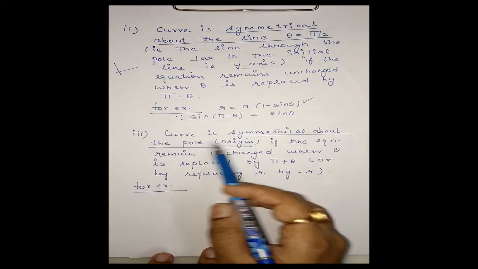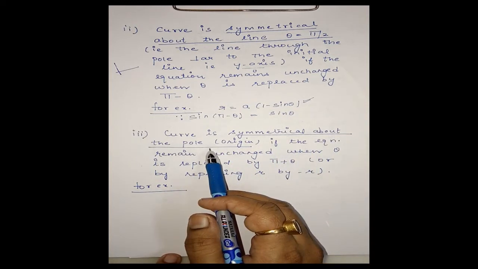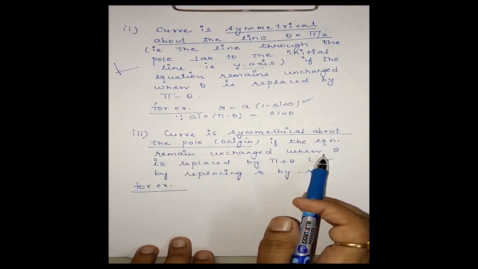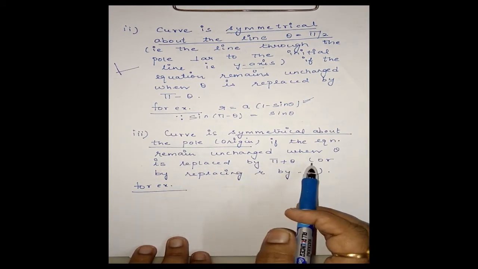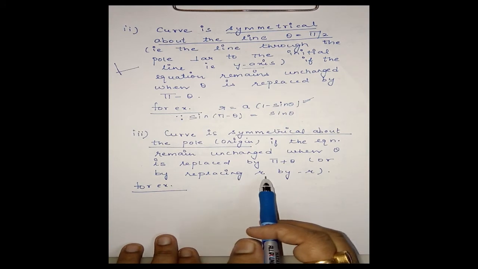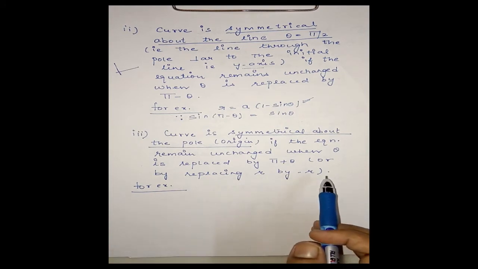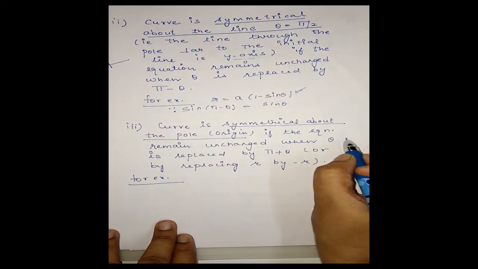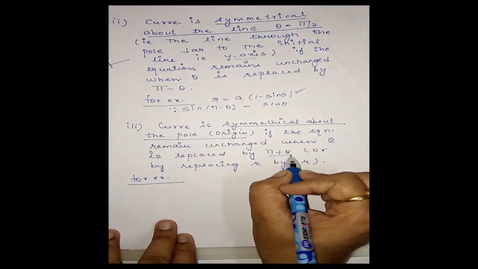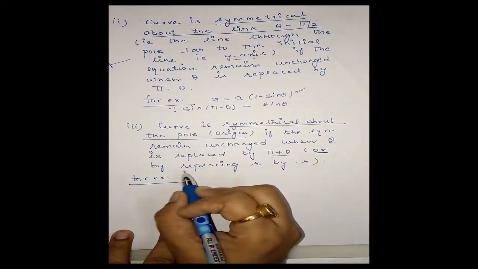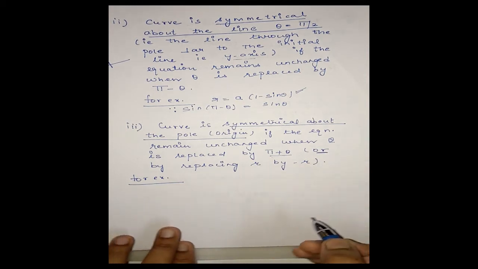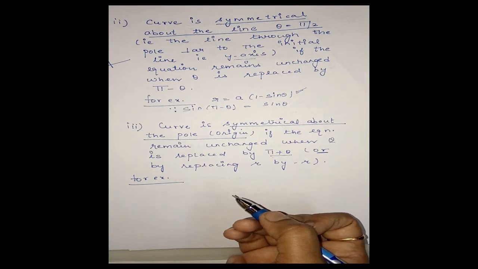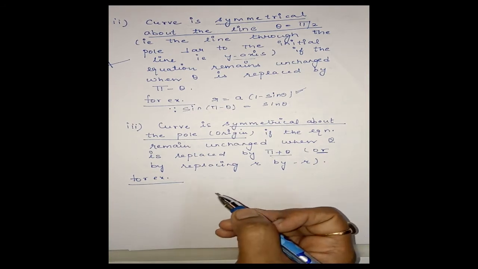Next symmetry is curve is symmetrical about the pole, that is in the opposite quadrants, if the equation remains unchanged when theta is replaced by pi plus theta or by replacing r by minus r. For example, two conditions are there. If theta is replaced by pi plus theta or if r is replaced by minus r, then also if equation remains unchanged, then in that case also curve is symmetrical about the pole, origin.